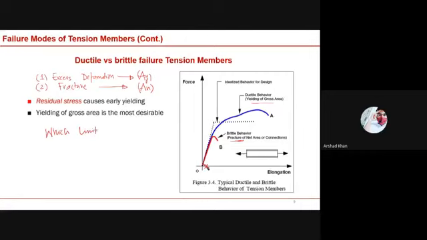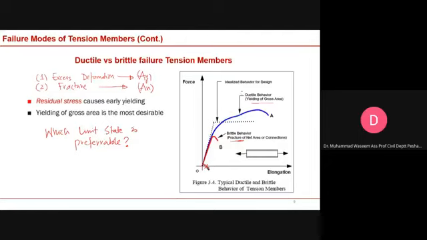Fracture, sir. It's governing in this case, sir. Is it preferable? Anybody else from the class? Like you are designing your steel, and you can have this one or you can have this one. Which is more preferable?